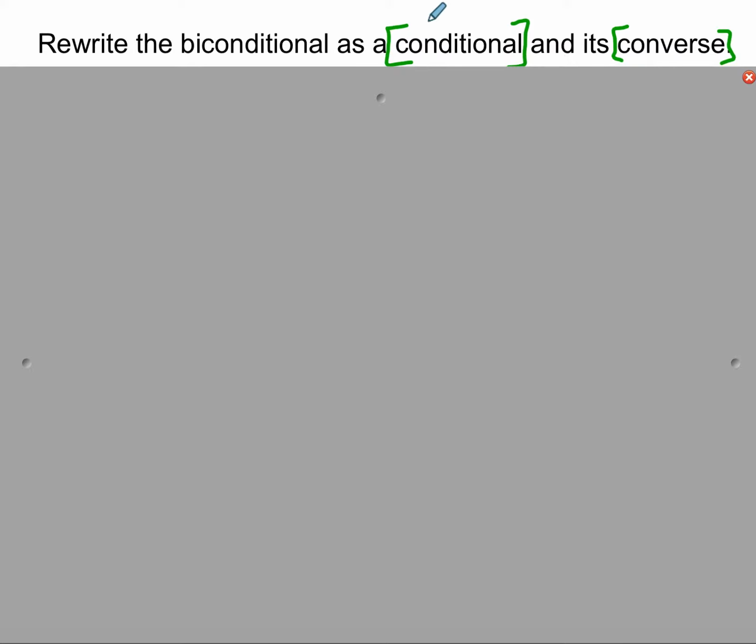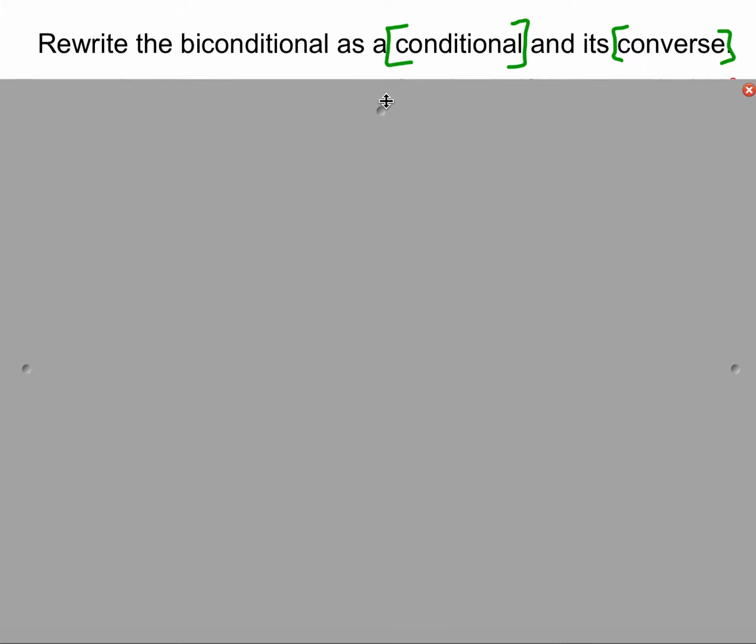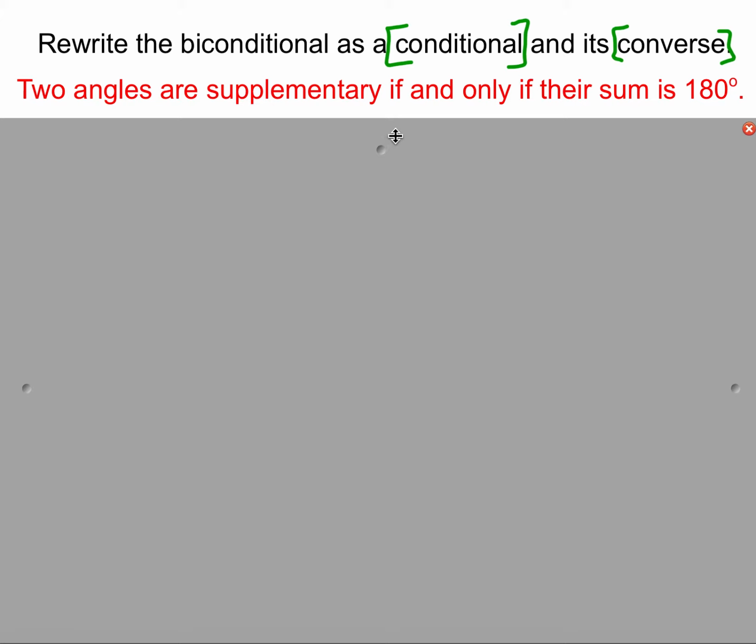When I show you this, it would be helpful for you to pause the video so that you can get the statement down in your notes, then take some time to try and write it as its conditional and its converse before you play the video, because I will actually be showing you the answer. So, two angles are supplementary if and only if their sum is 180.